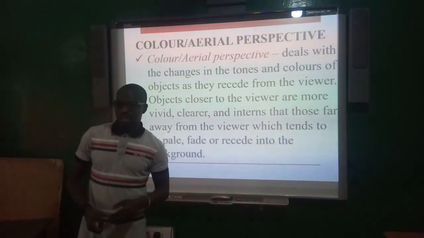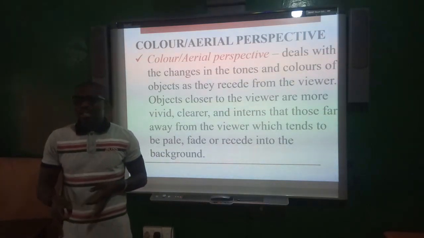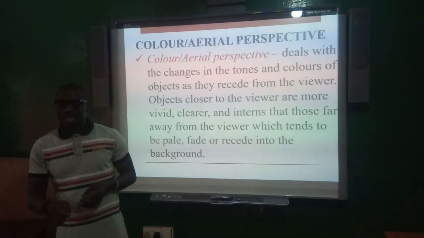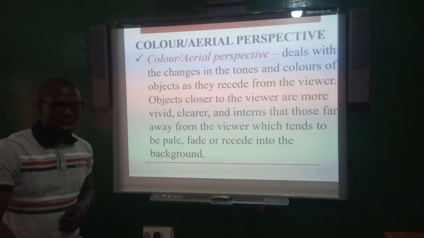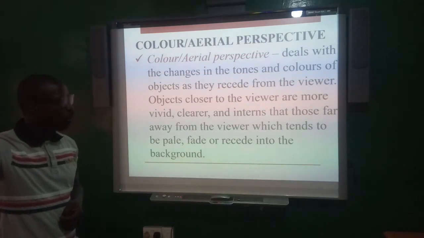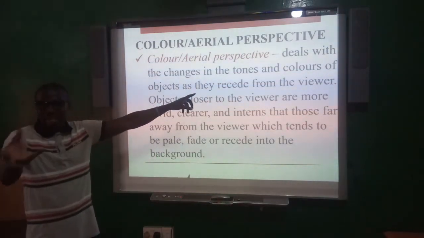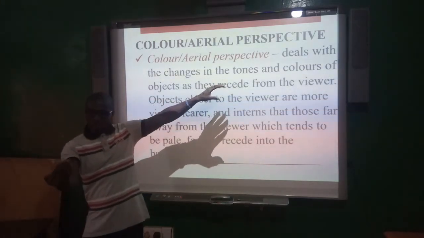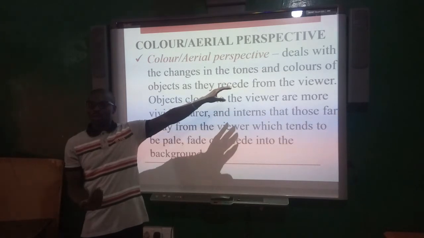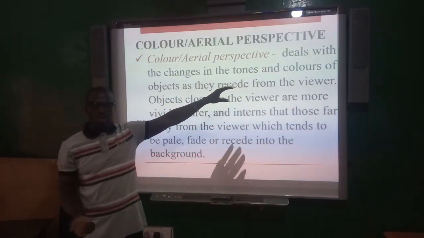But those who are closer to me, the color of their shirts is going to be brighter than those that are in a distance or far from me. So we are saying that it deals with changes in the tones and colors. The person who is closer to me will have a darker tone, and those who are in a distance will have a lighter tone.